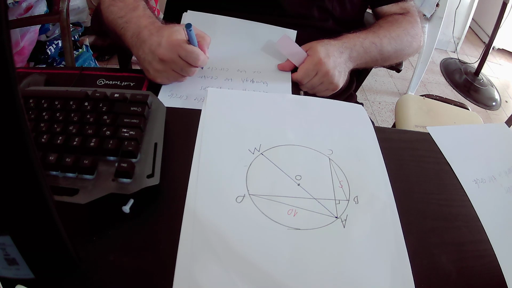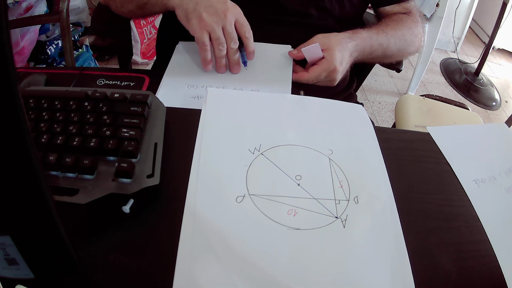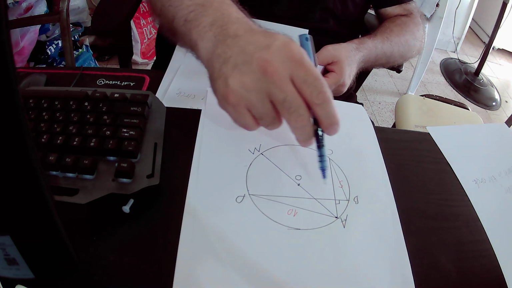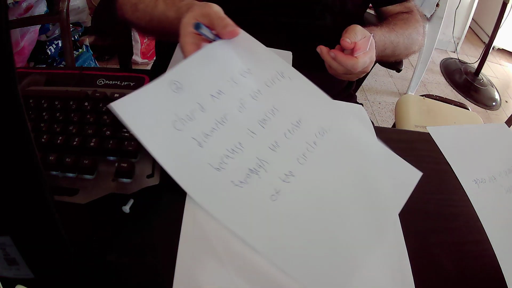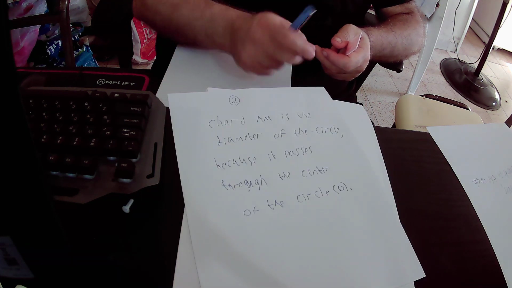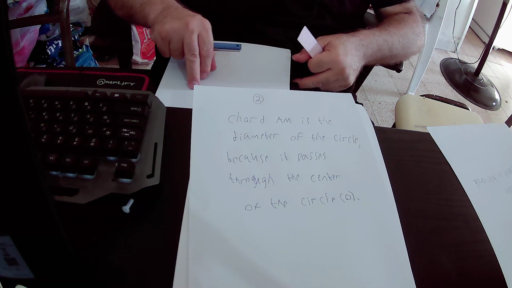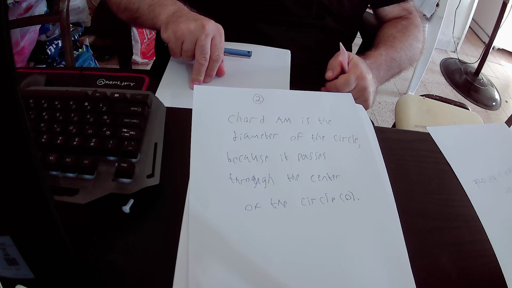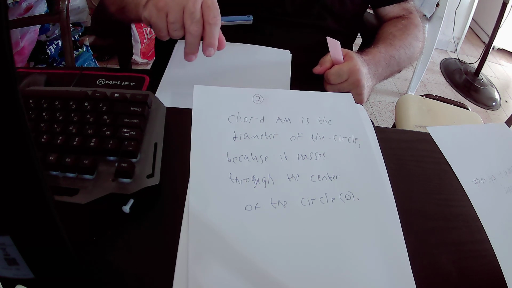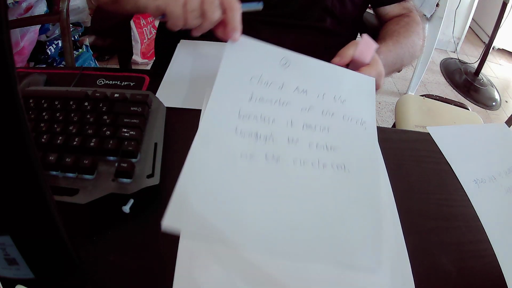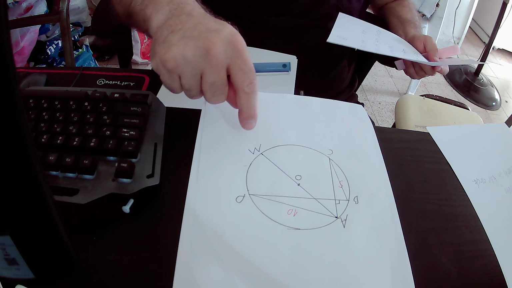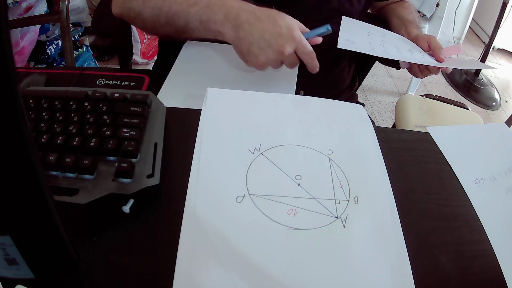That is to say, it passes through point O, that is the center of the circle. For that reason, chord AM is the diameter of this circle. I will read again what I wrote. Chord AM is the diameter of the circle because it passes through the center of the circle. That is to say, it passes through point O, that is the center of this circle. For that reason, chord AM is the diameter of this circle. Okay?